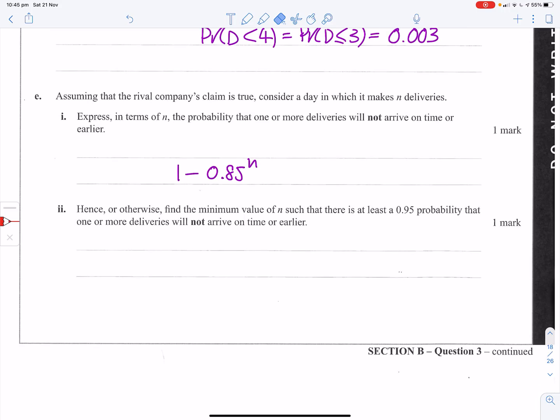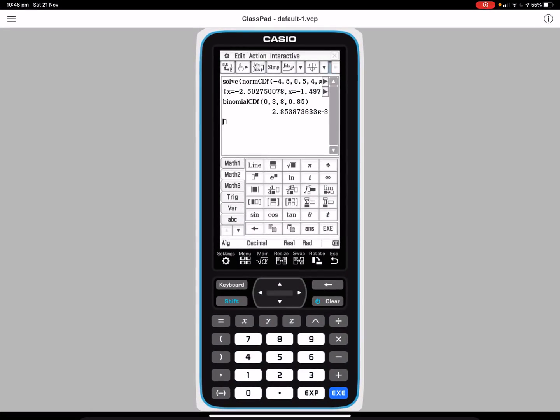Hence or otherwise, find the minimum value of n such that there is at least a 0.95 probability that one or more deliveries will not arrive on time or earlier. So 1 minus 0.85 to the n is at least 0.95. Minimum value. Okay, so we say 1 minus 0.85 to the power of x is greater than 0.95.